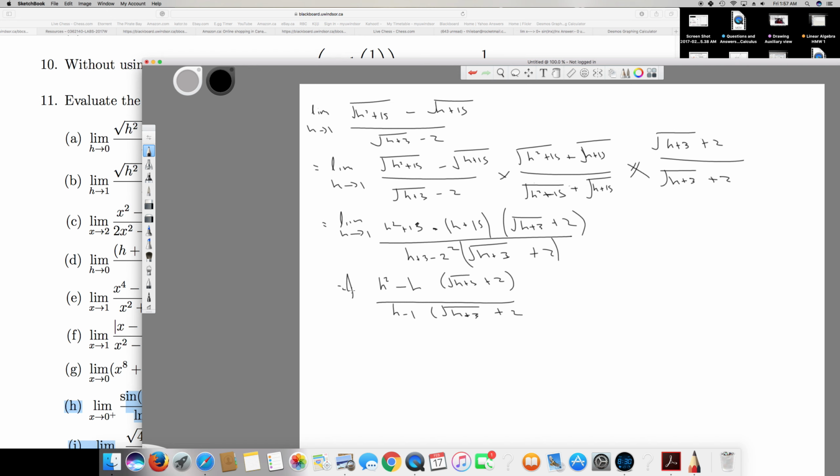This is limit h approaches 1, right? And I can take h common, h minus 1, and square root of h plus 3 plus 2 over square root of h square plus 15 plus square root of h plus 15, right?